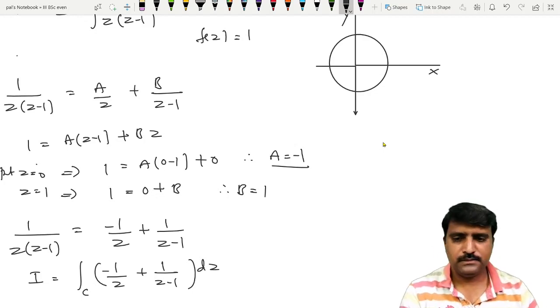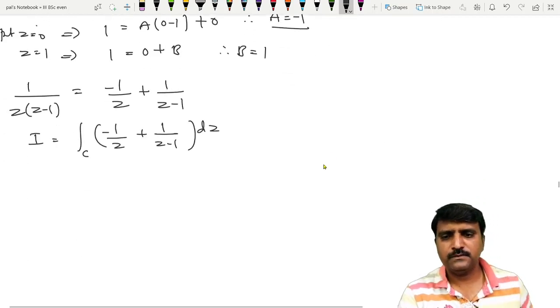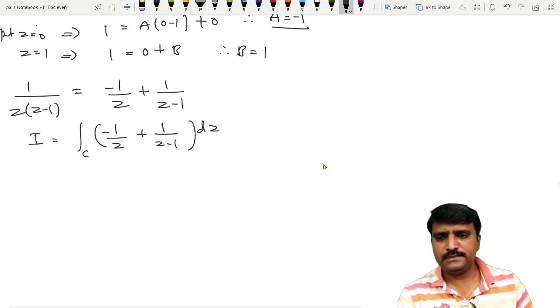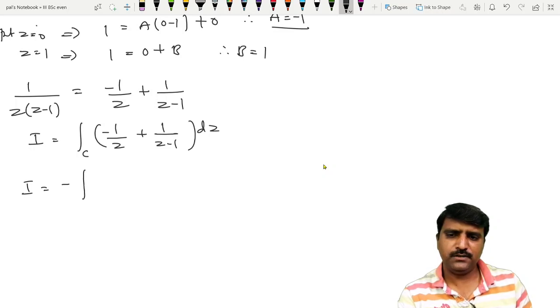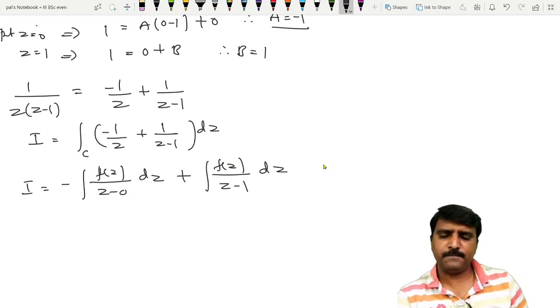So this can be written as I is equal to minus the integration of f of z by z minus 0 into dz plus the integration of f of z divided by z minus 1 into dz.